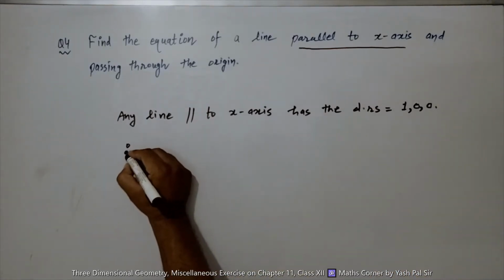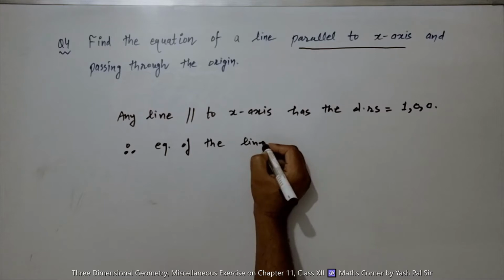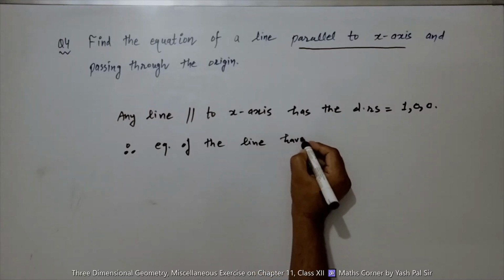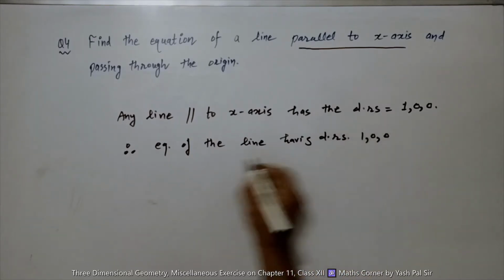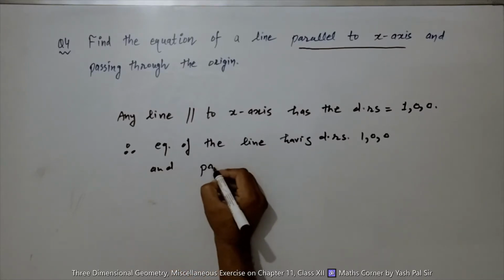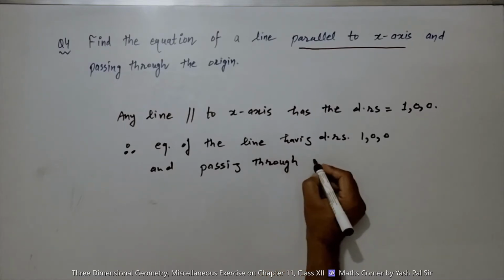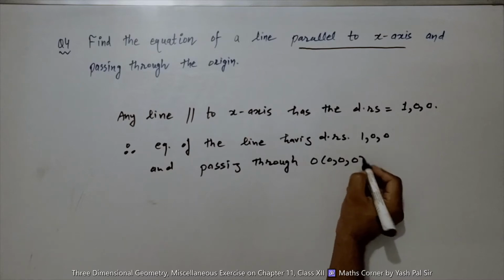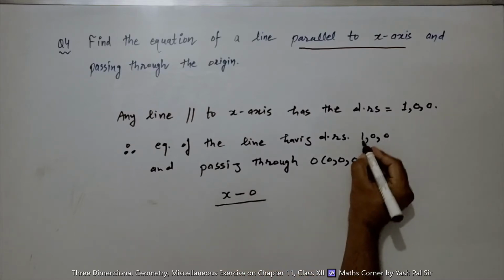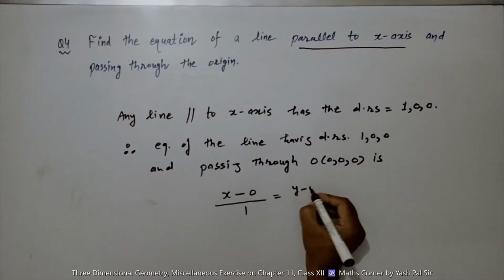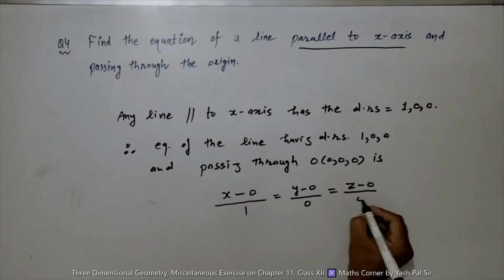Okay, therefore the equation of the line having direction ratios 1, 0, 0 and passing through the origin (0, 0, 0) is (x minus 0) divided by 1, (y minus 0) divided by 0, equal to (z minus 0) upon 0.